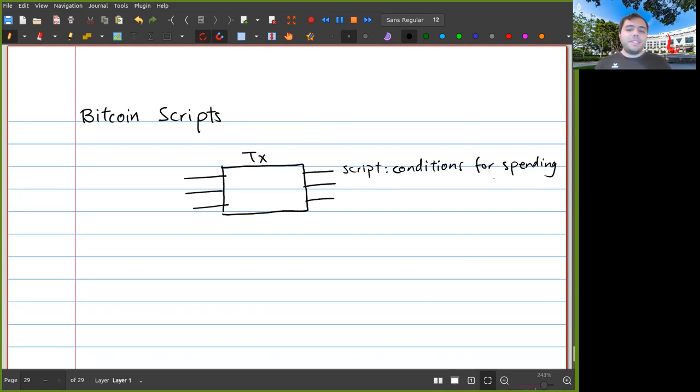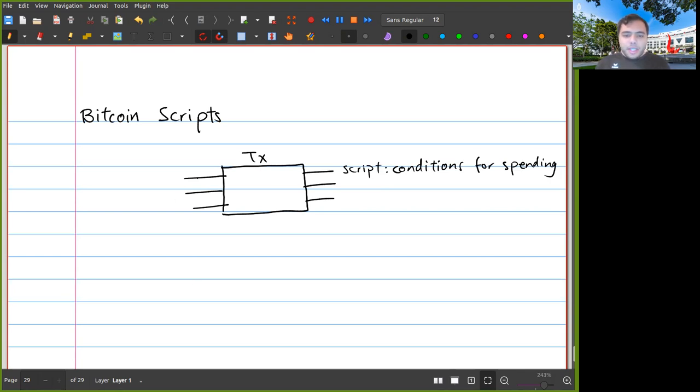And that's why initially I just kind of lied to you and said it just has a public key of the recipient. But actually you can have more general scripts. So you can say, for example, I want the signature of 2 different people with these 2 different public keys in order to spend this output.